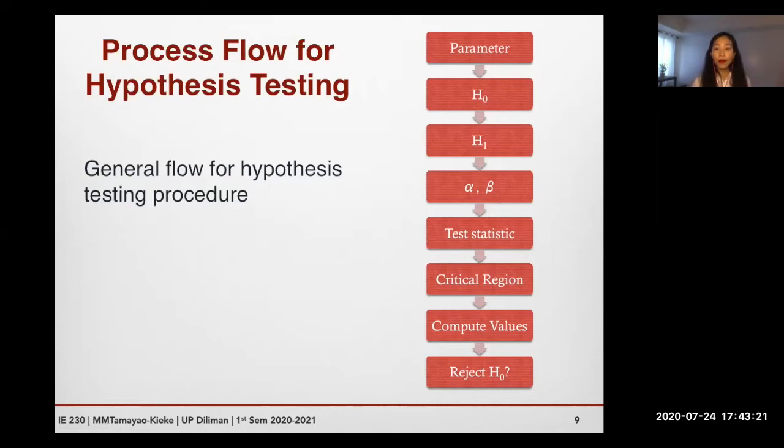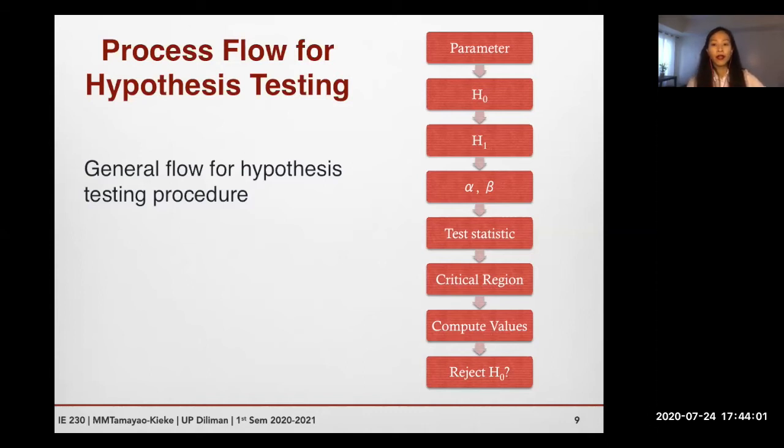And then after stating or choosing the significance level, we then proceed to identify the test statistic that is appropriate for the hypothesis test. And then after that, we state the critical region, or the region for which the null hypothesis will be rejected.